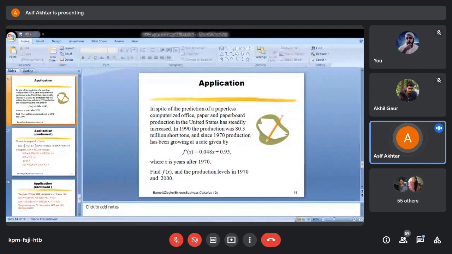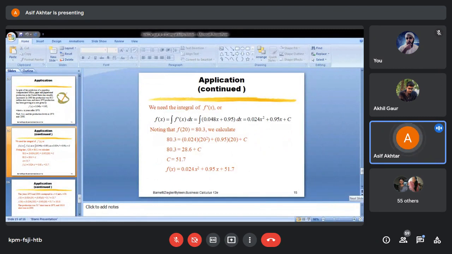So what shall we do now? We have to go for this integration. So now, for the sake of simplicity, the integration I am sharing with you. Integration of f dash x dx, that is integration of 0.048x plus 0.95 dx.